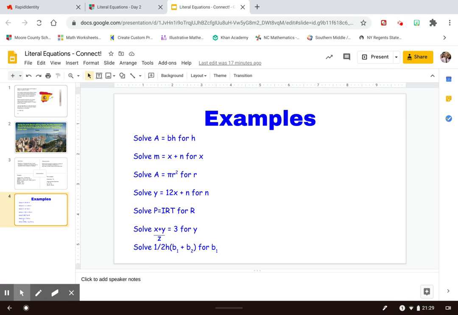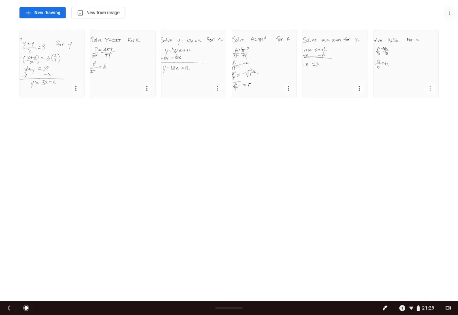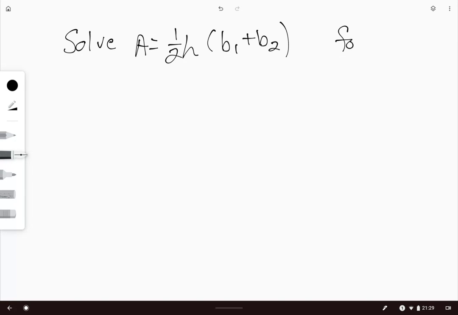So what we'll do then is when we write it over here, okay, that's what I should have had in there, is a equals 1/2 the height times base 1 plus base 2. All right, so what I'm doing here is I am solving for base 1, or b1.